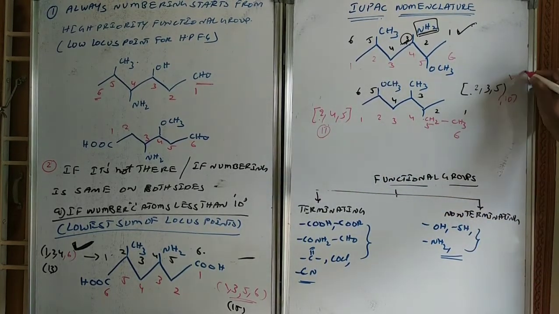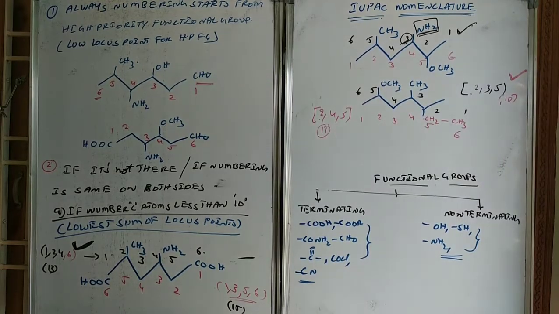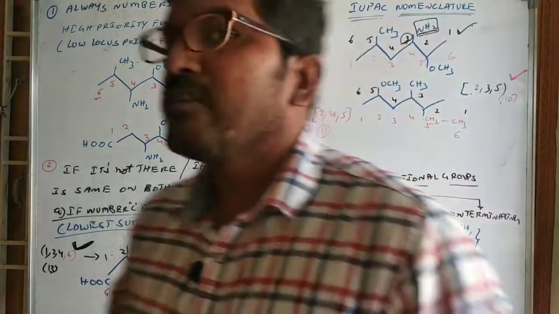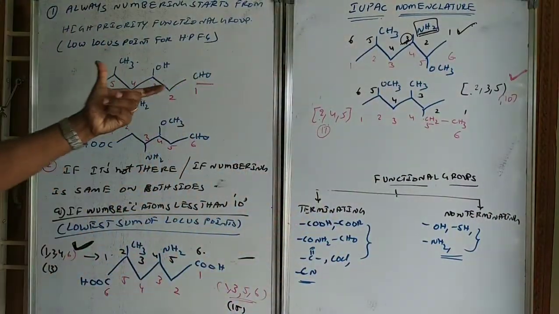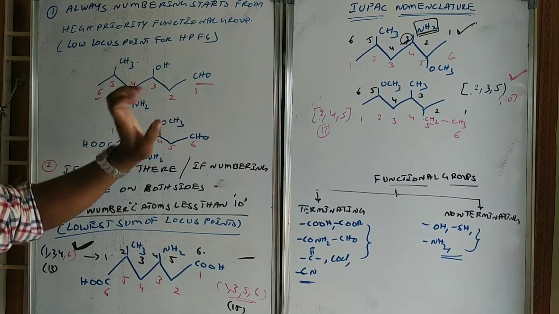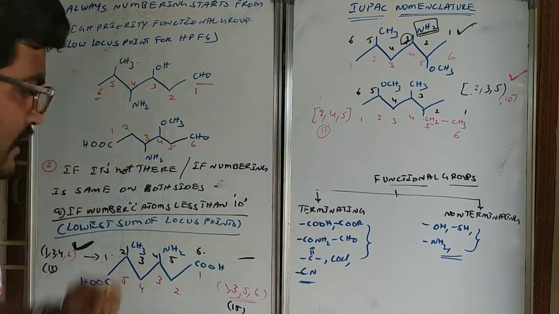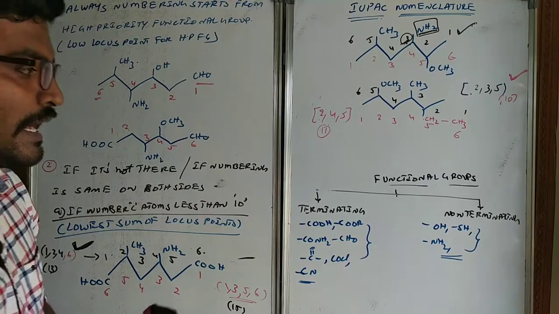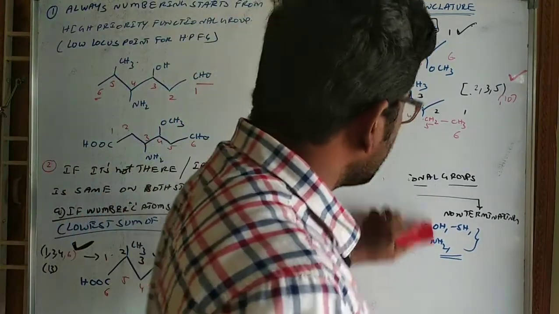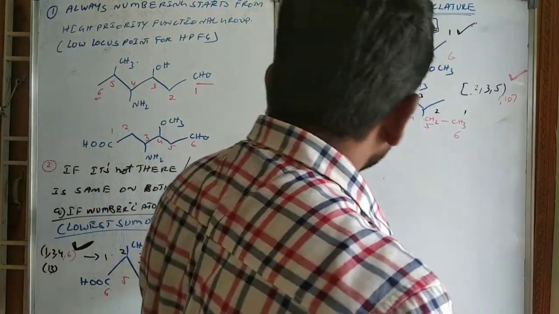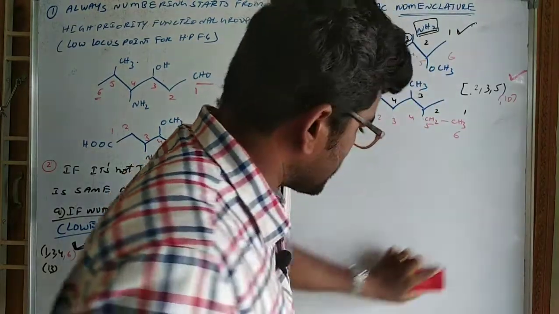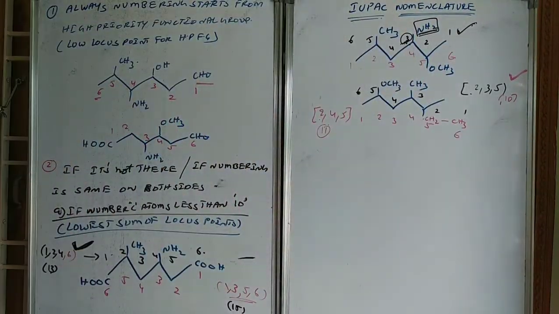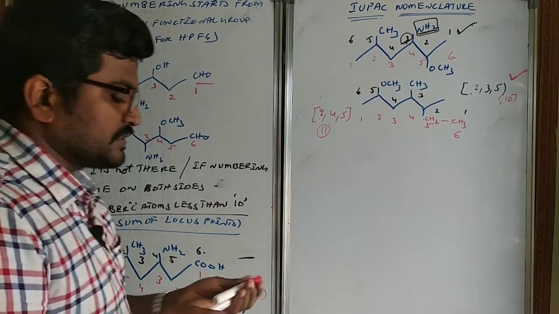So the proper numbering is this one. Like this, whenever a high priority functional group is present, we start numbering from the high priority functional group. If there is ambiguity, or it is coming the same, or there is absence of a high priority functional group, we number from both sides and go for the lowest sum of locus points.